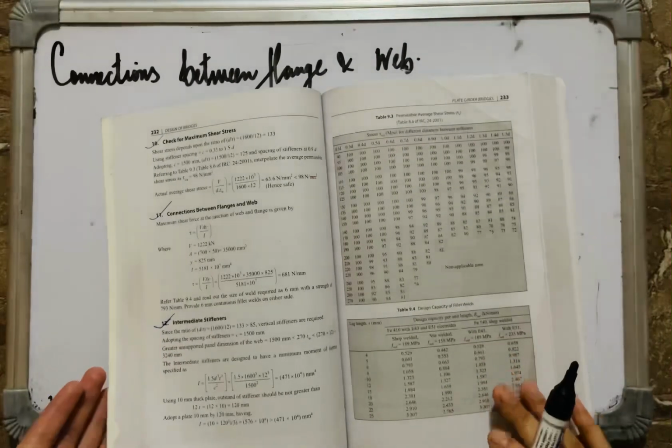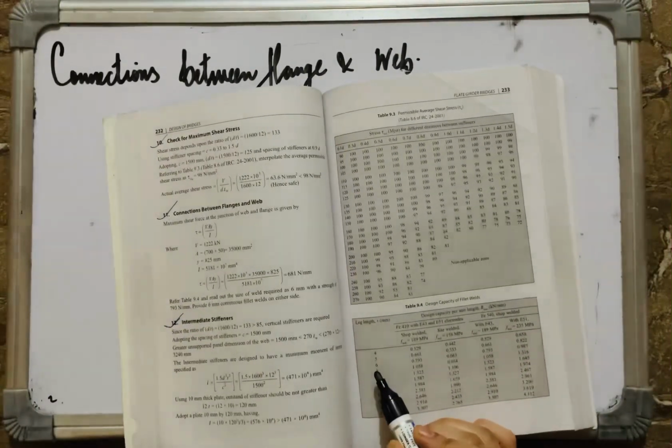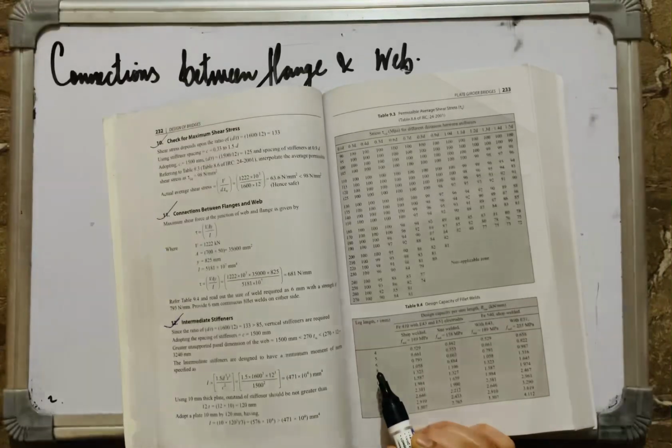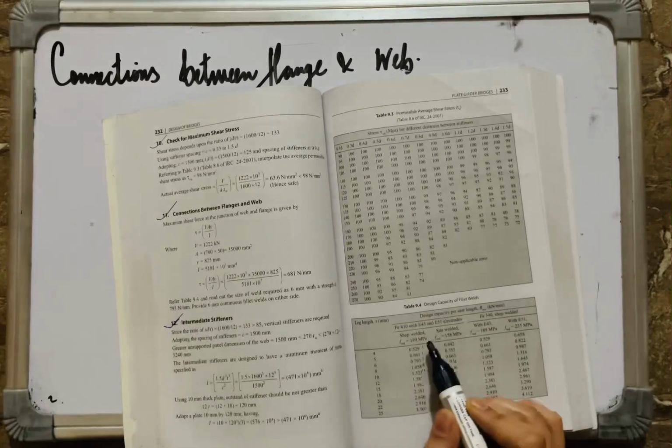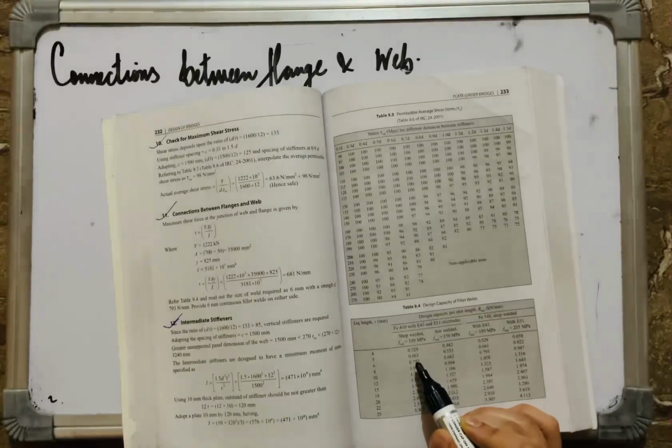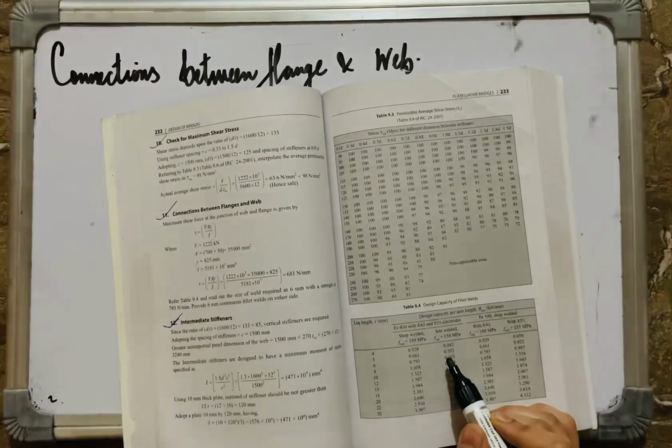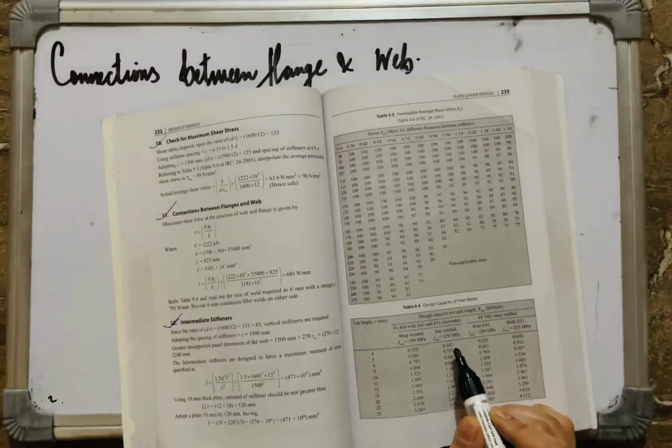If instead of 4, I use a leg length of 5 mm for my continuous fillet weld to be provided for the connection between flange and the web, I'll have a design capacity, if I go for shop welded, of 0.661 kilonewton per mm, and a design capacity of 0.553 kilonewton per mm for site welded.